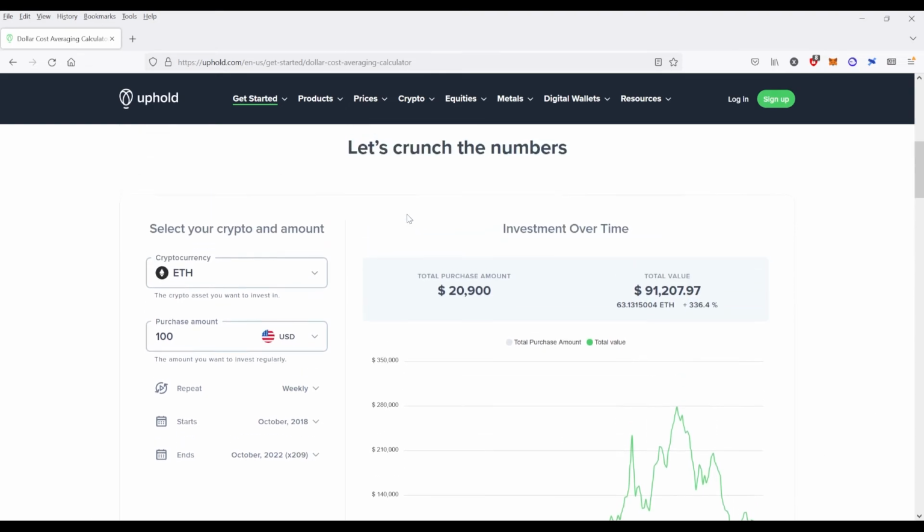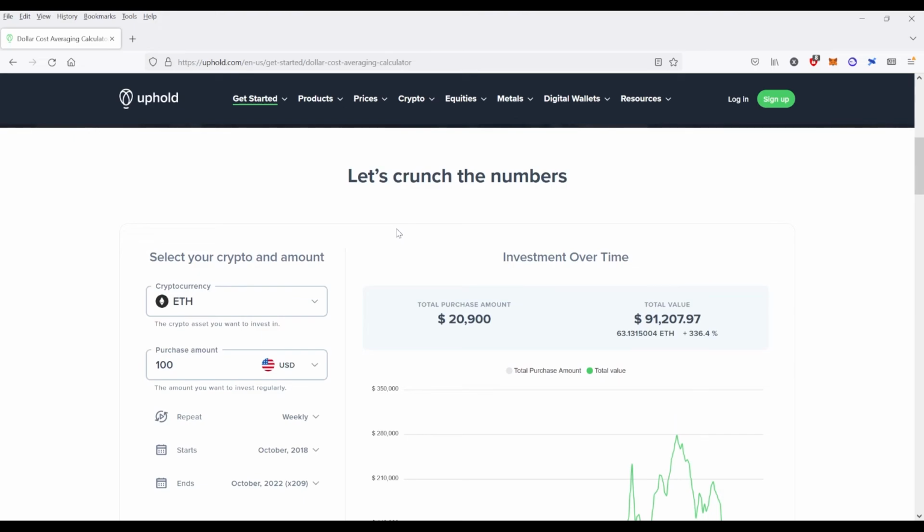So that's the reason why I really do prefer having a dollar cost average strategy instead of trying to trade in and out. But I do like to use Chart TA in order to give me the best buying and selling prices that I can.